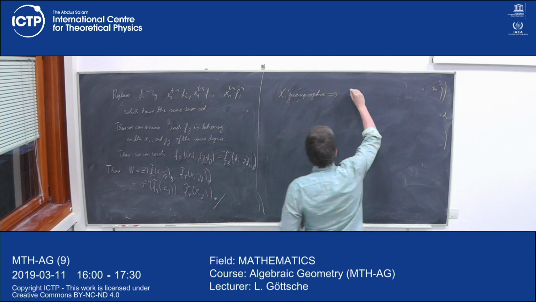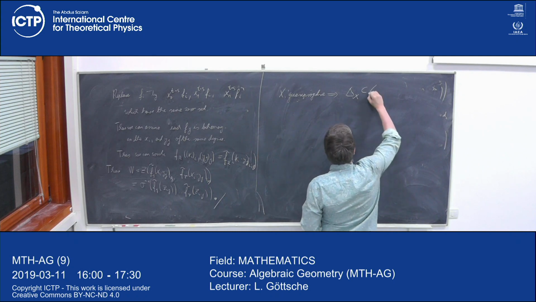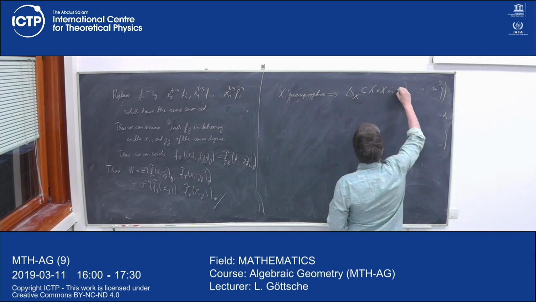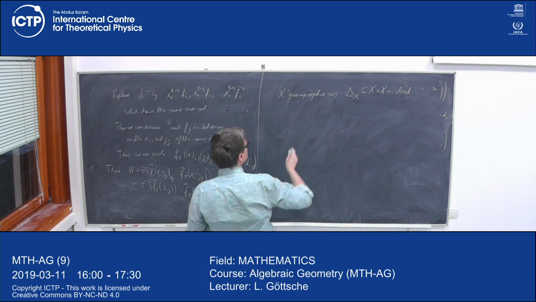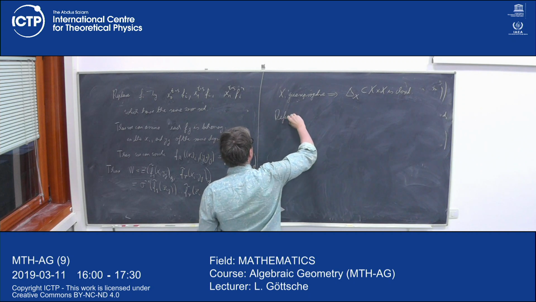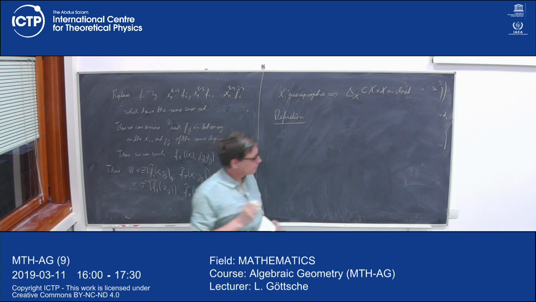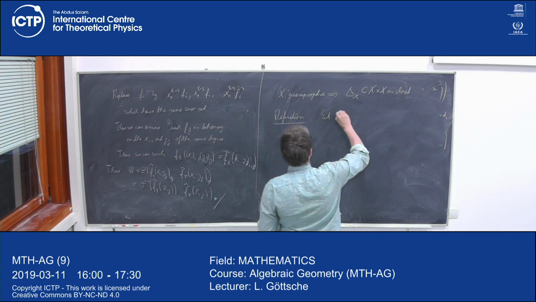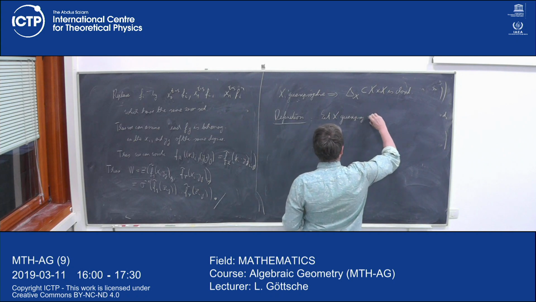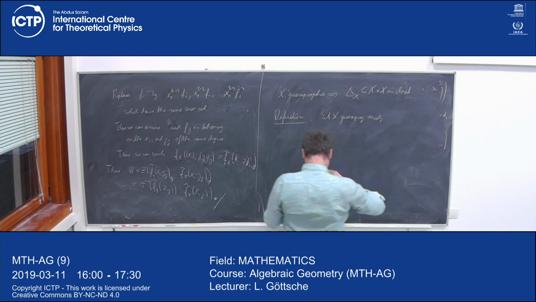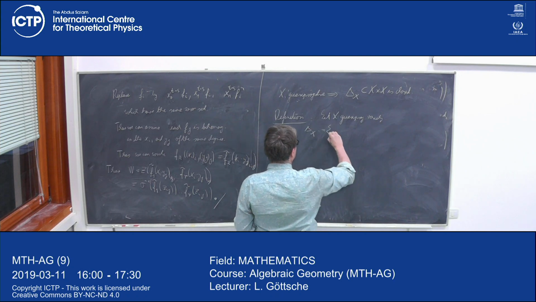And it follows that delta x in x times x is closed. So just make the definition. So let x be right in x directed. And obviously delta x is just the diagonal.